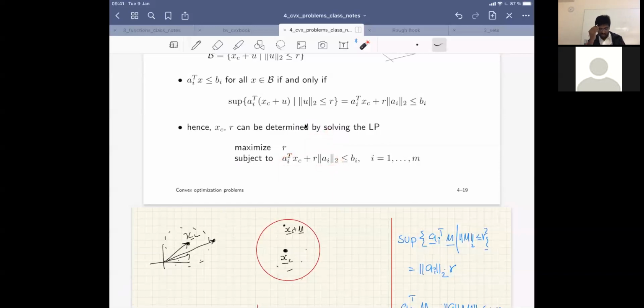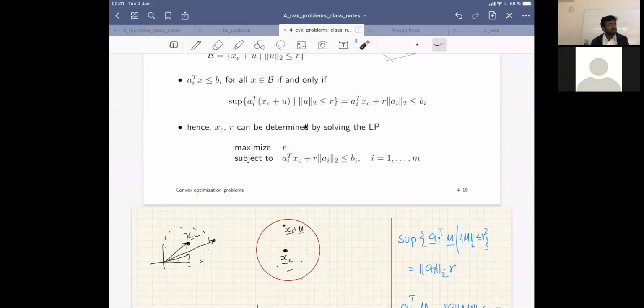When you are asked to examine whether this inequality is affine or not, the first thing is, you should not be scared by this norm. First, what is the optimization variable here? It is r. So now you just focus on this r. Is this affine as a function of r?